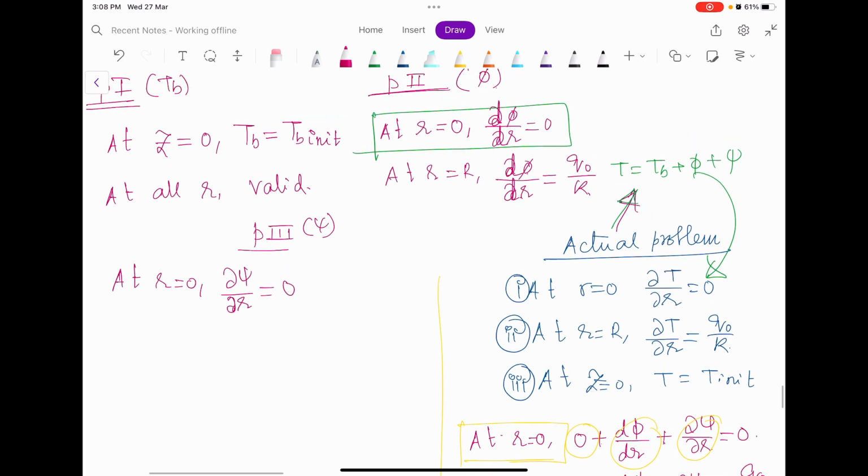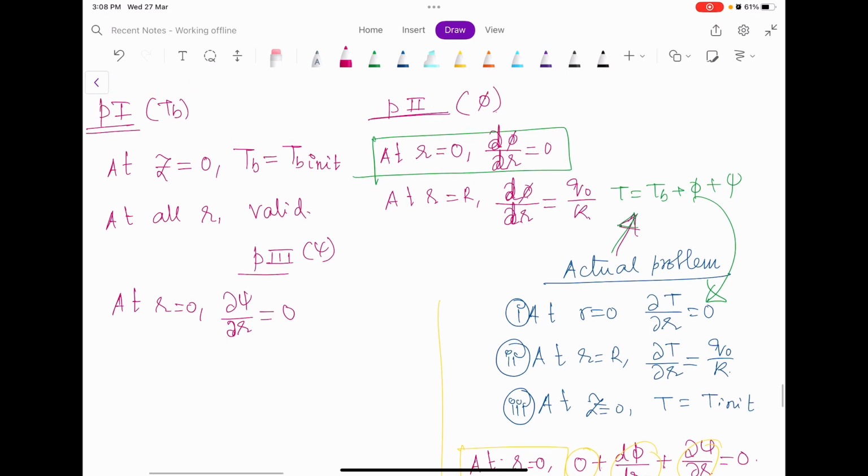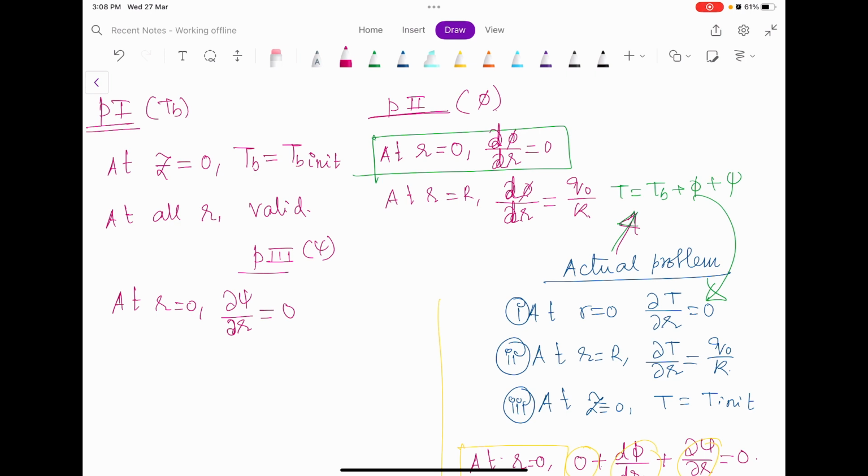Now let me add up the boundary condition for r equal to 0 for problems 1, 2 and 3. For problem 1, there is no r dependence. So at r equal to 0, del tb del r, tb is anyway not a function of r, so I can write it as 0.